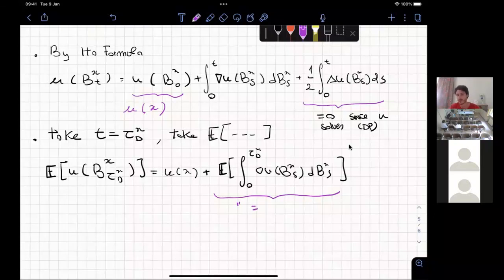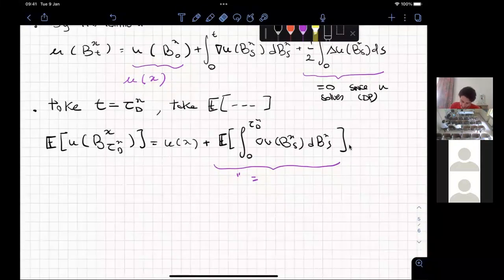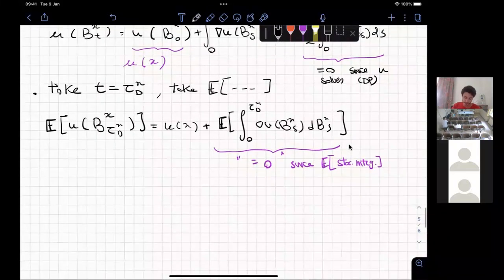That usually is the problem, but it works with a few more technical tools. So this is equal to 0, since it is the expectation of a stochastic integral. And so at the very end, what we obtain is that if we have a solution to our Dirichlet problem, then it must be represented in this way.